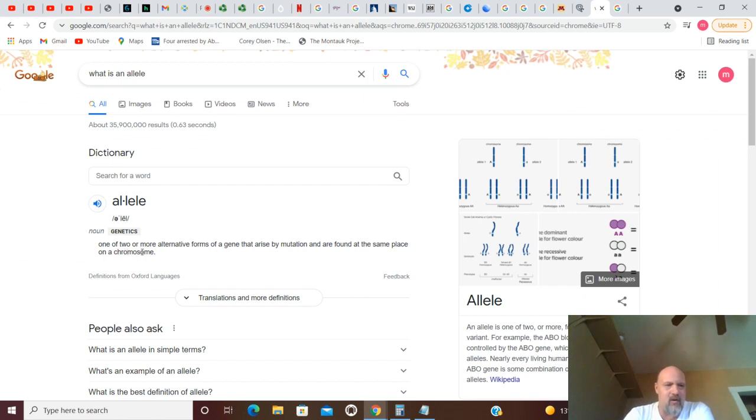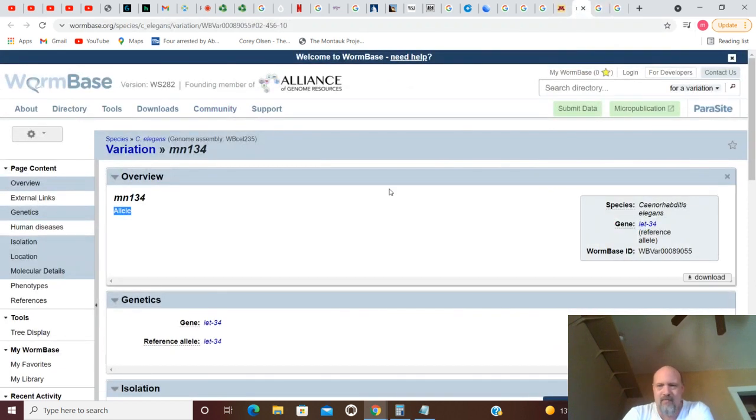One of two or more alternative forms of a gene that arise by mutation and are found at the same place on a chromosome. So MN 134 is a gene variation. All right. You also have this number and letter sequence down here if you wanted to go farther down the rabbit hole, and I don't know where to look for these things.